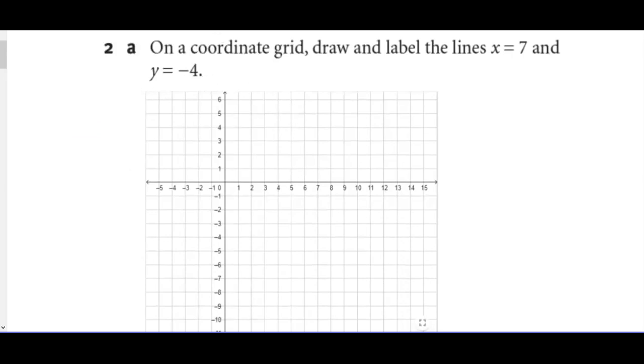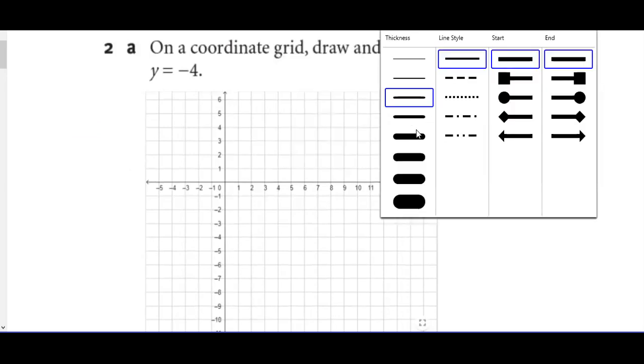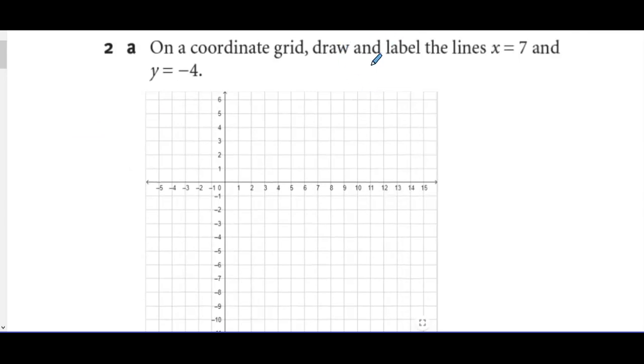So what you're supposed to do is take your pencil and your ruler, and do the question according to the instructions. Try to locate where the lines x equal to 7 and y equal to -4 will pass.